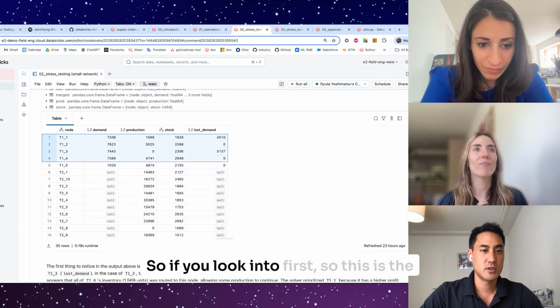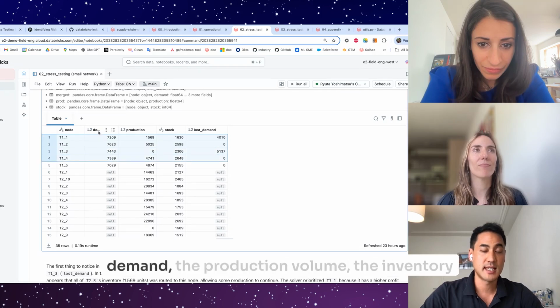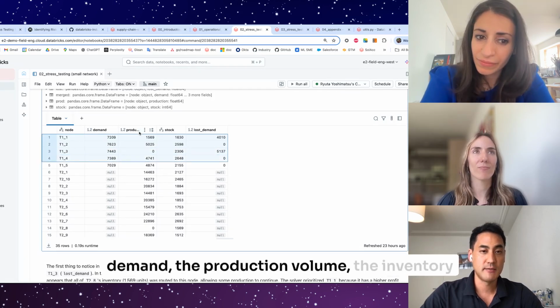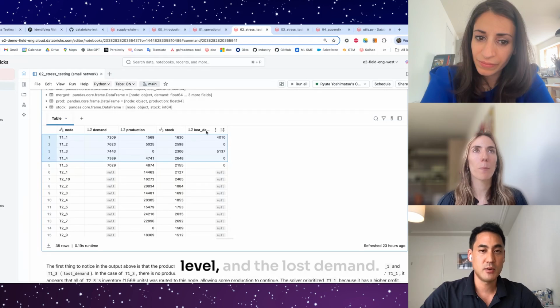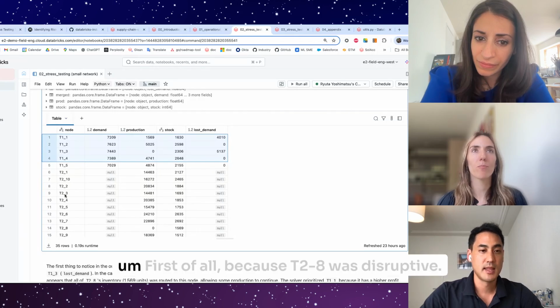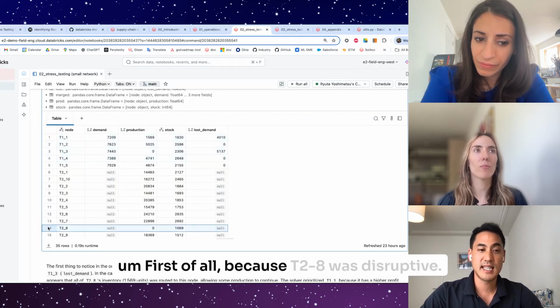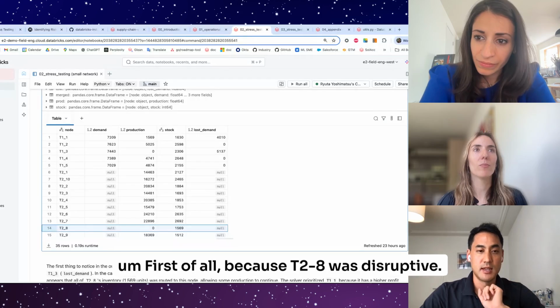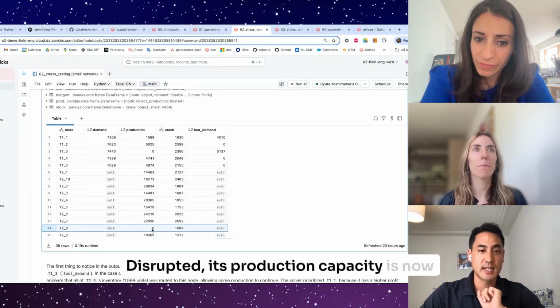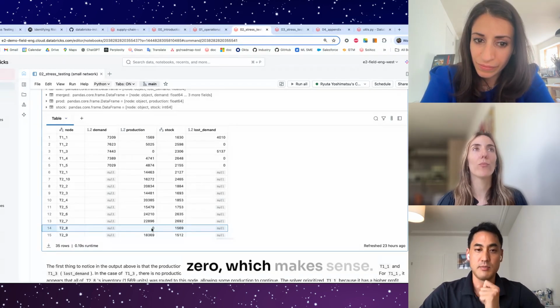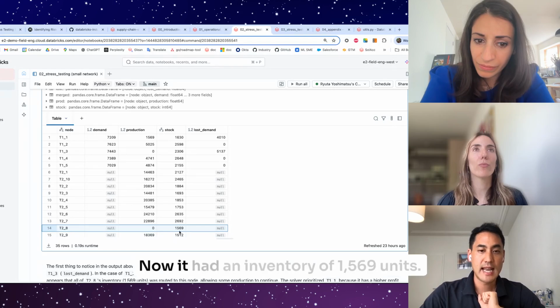So this is the demand, the production volume, the inventory level, and the lost demand. First of all, because T28 was disrupted, its production capacity is now 0, which makes sense. Now, it had an inventory of 1,569 units.